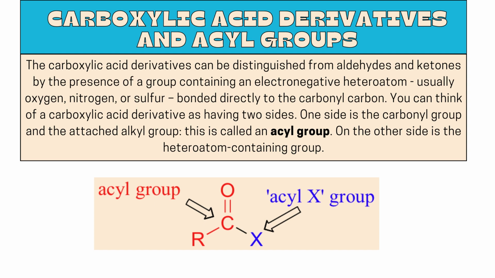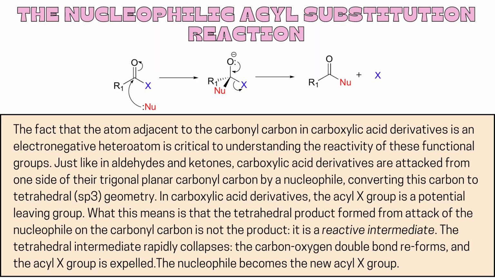on the other side. And then moving towards the nucleophilic acyl substitution reaction, the fact that the atom adjacent to the carbonyl carbon in carboxylic acid derivatives is an electronegative heteroatom, rather than a carbon like in ketones or a hydrogen like in aldehydes, is critical to the understanding of the reactivity of these functional groups.